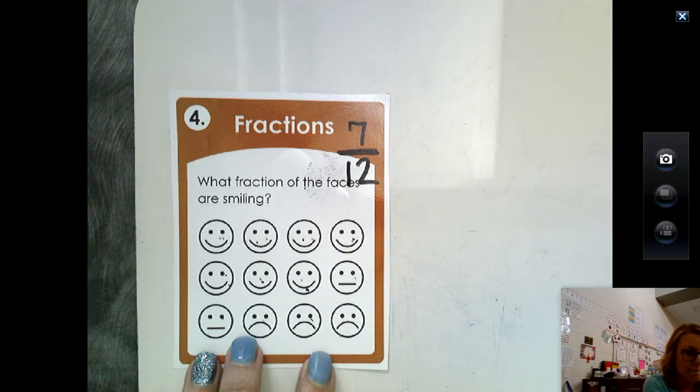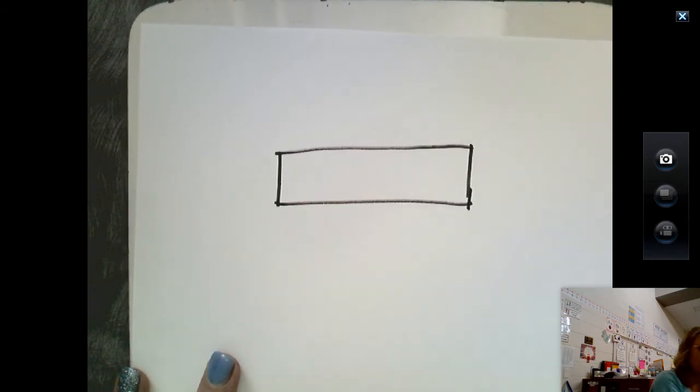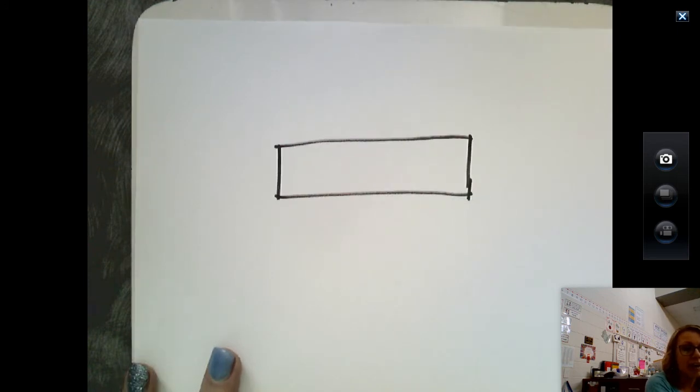Okay, boys and girls? Now, the other thing we're going to talk about this week is partitioning rectangles into rows and columns. So remember, a rectangle is a shape with 2 short sides and 2 long sides. Now, if I want to separate this into rows, remember your vocabulary word said that rows go across from side to side.